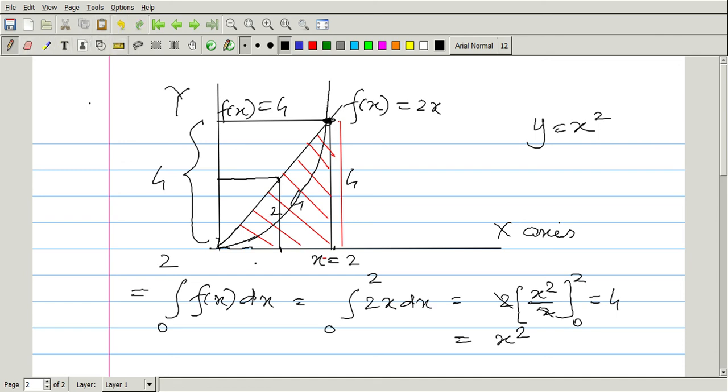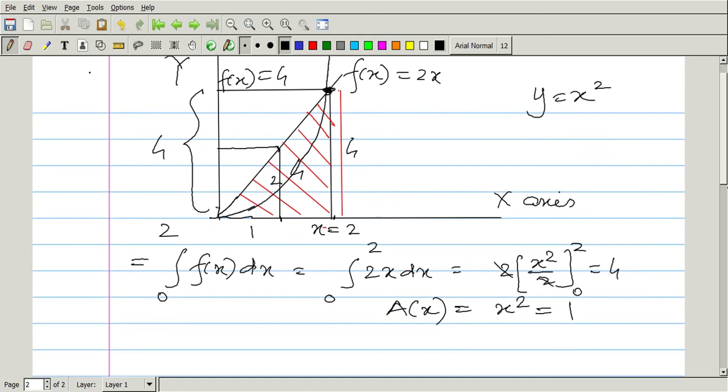This is 1. So the area will be 1. And if I substitute x is equal to 1 in this area function, which we get after integrating 2x, that will give the area as 1, which must be the best interpretation of this particular theorem.